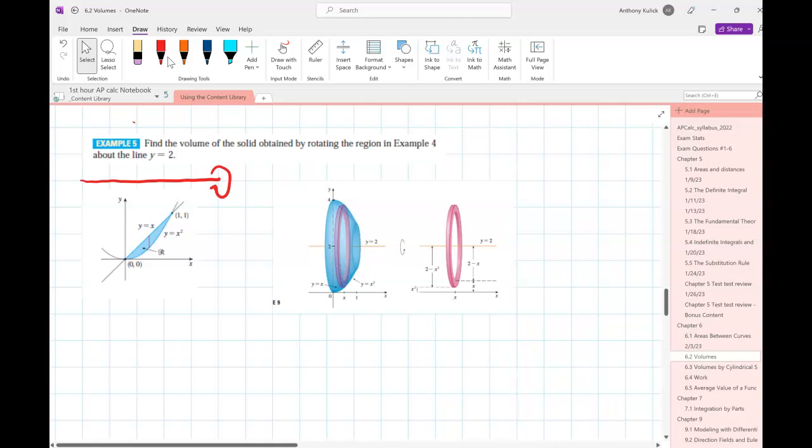So my cross-sectional area is this washer. Now this is the tricky part here. The outer radius is the distance from 2 down to the outer rim, right? That outer rim is the function y equals x squared. So it's going to be pi times 2 minus x squared, squared.